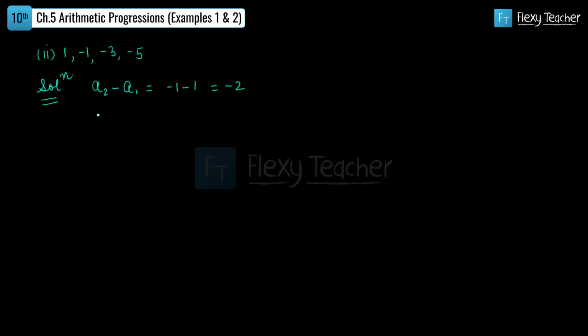Now A3 minus A2. How much is A3? Minus 3 minus A2, where A2 is minus 1. We are subtracting A2 from A3, so this becomes minus 3 plus 1. Again we get minus 2.